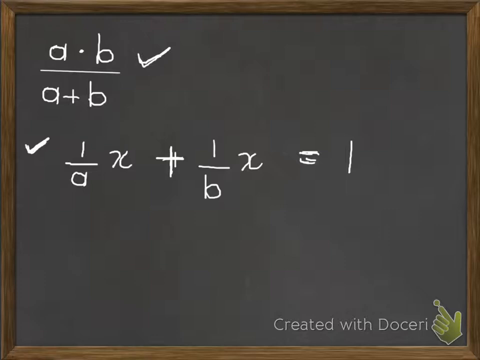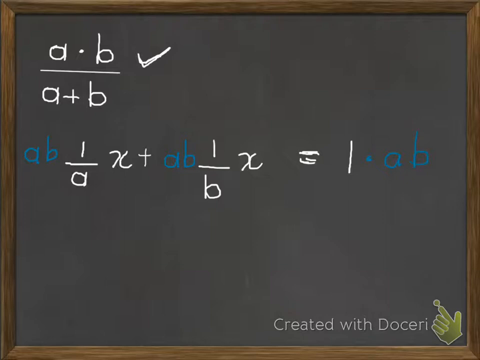So I'll use a different color to show this. We're going to multiply this term by AB. We're going to multiply the second term by AB. And we're going to multiply the 1 by AB.